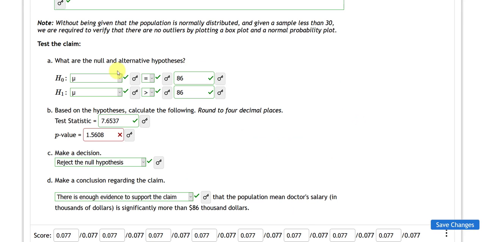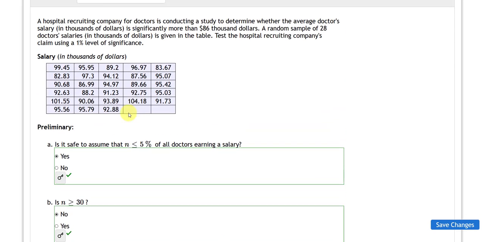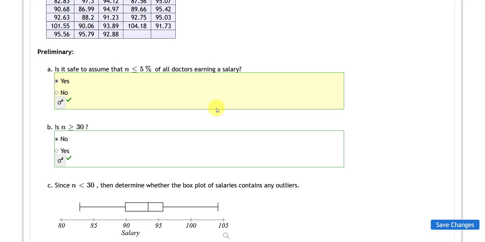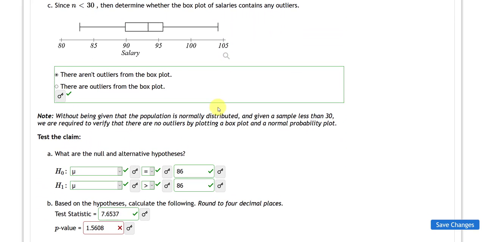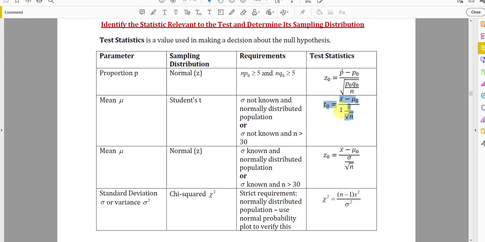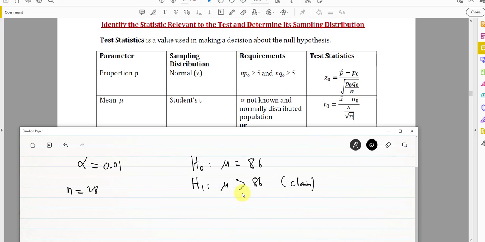According to this problem, we are not given the population standard deviation, and therefore we must find the test statistic using the student's T. I'm using this formula: t naught equals x bar minus mu naught over s over square root of n.